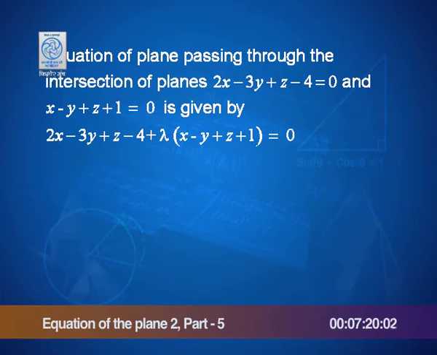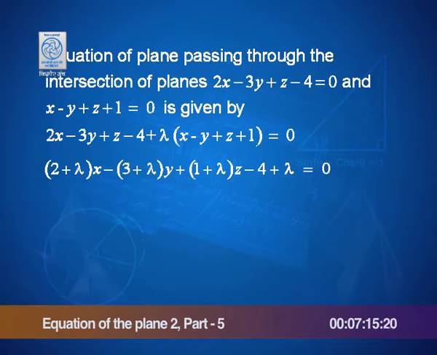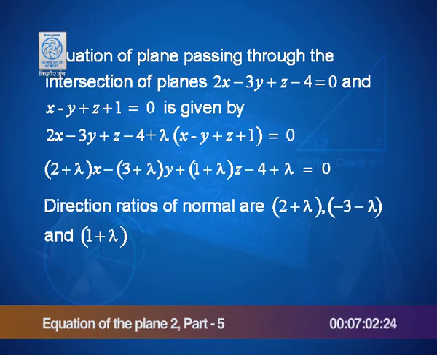If I rewrite this equation, it turns out to be 2 plus lambda times x minus 3 plus lambda times y plus 1 plus lambda times z minus 4 plus lambda equal to 0. This allows us to identify what the direction ratios of its normal are.